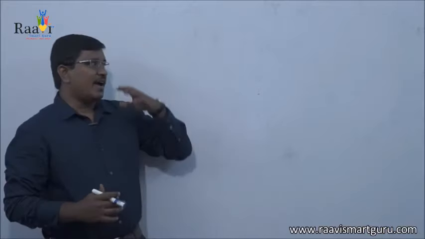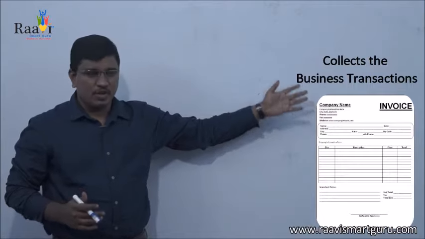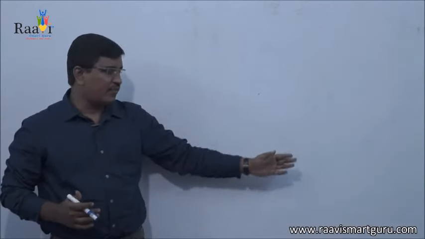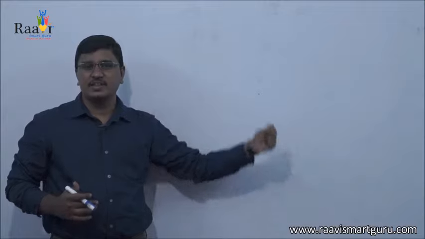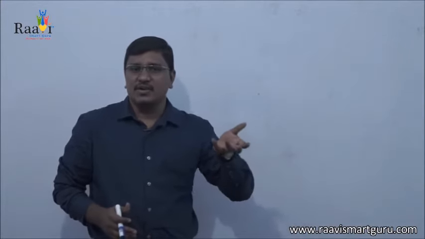In accounting, it identifies the business transaction, collects the business transaction, processes the business transaction, and finally provides this information to its required users. So this is the basic meaning of accounting.